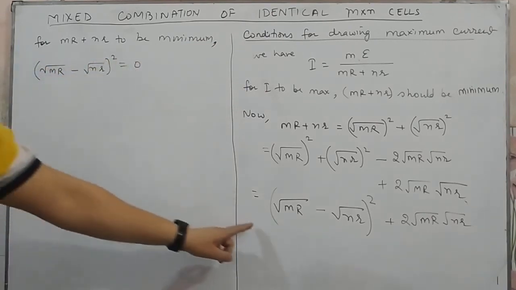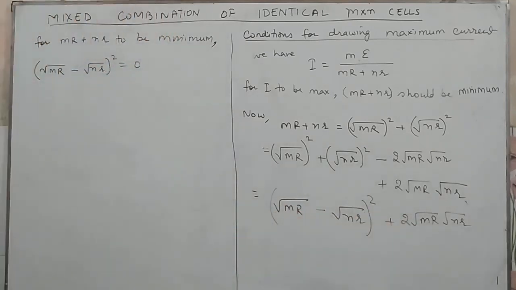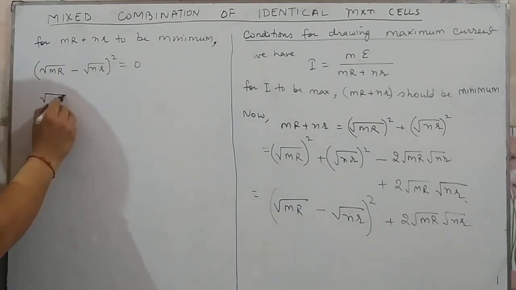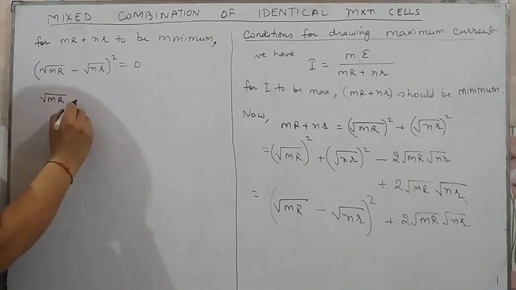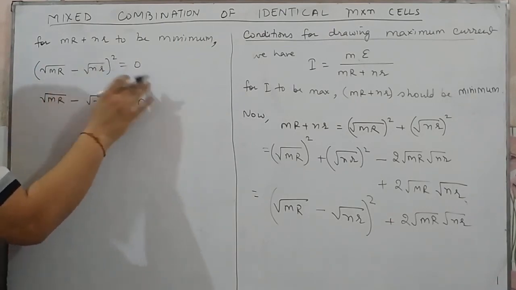If this becomes 0, the value becomes very small. So we take the condition root mR minus root nr equal to 0.